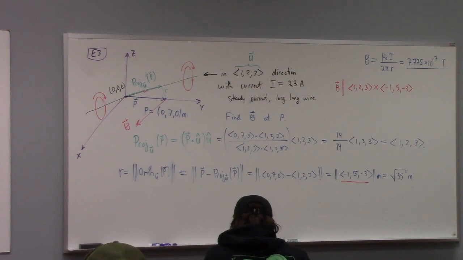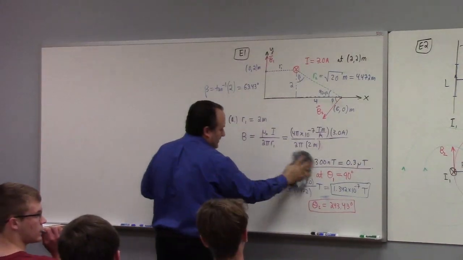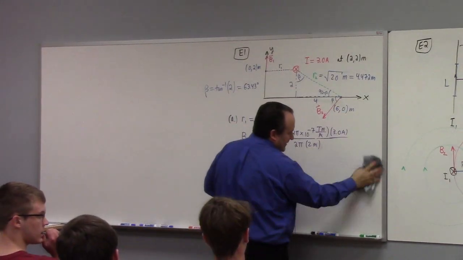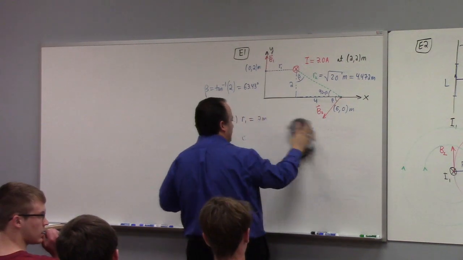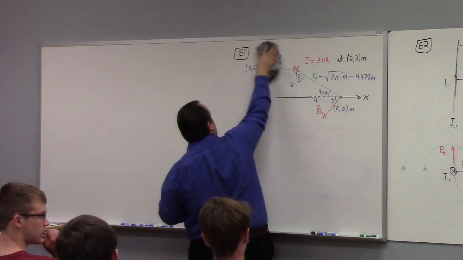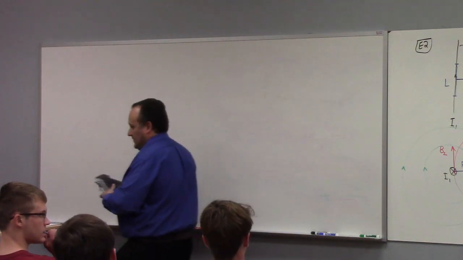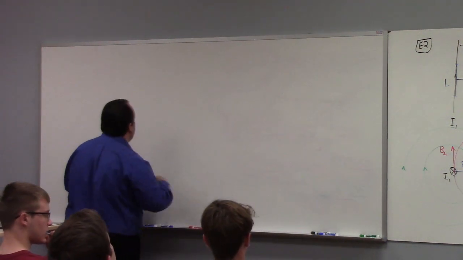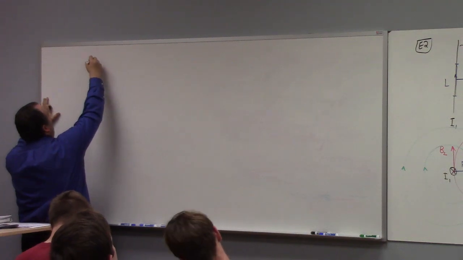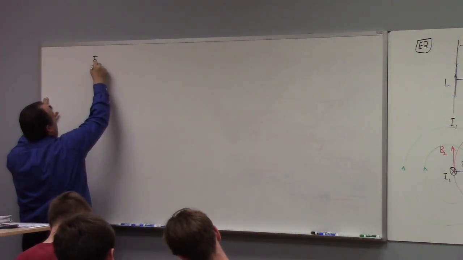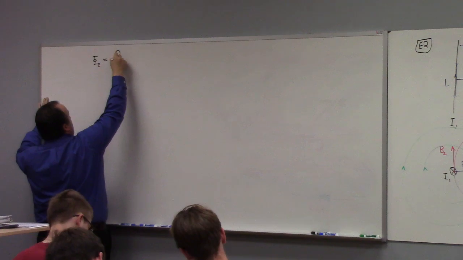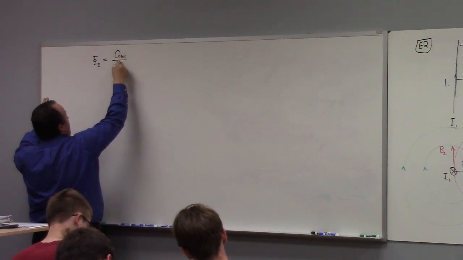I told you guys before about Gauss's law. Of course, we have Gauss's law in integral form, and we have Gauss's law in differential form. Let me remind you. On the one hand, the electric flux is equal to the charge enclosed divided by epsilon naught.